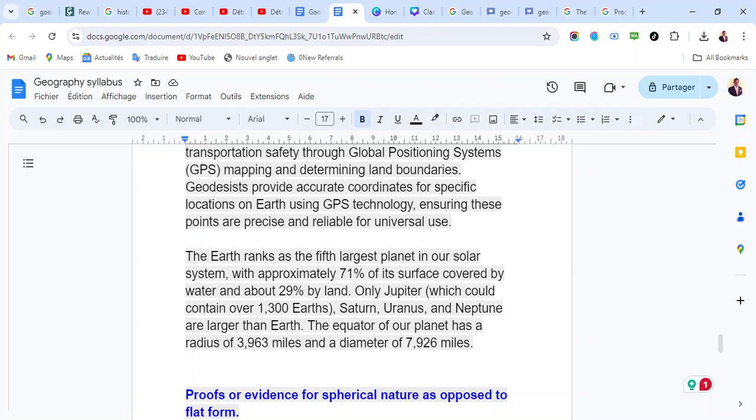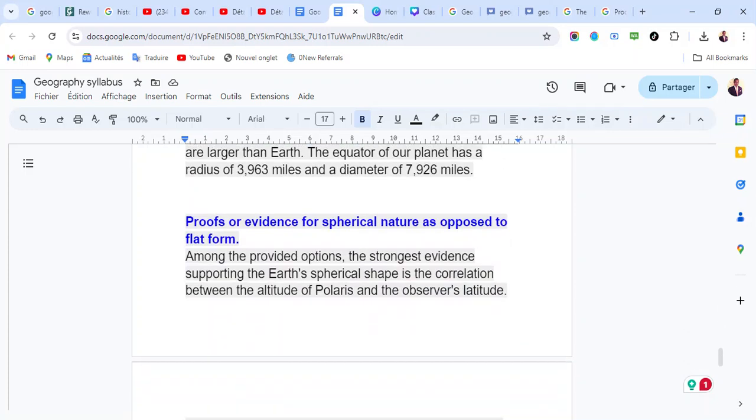The equator of our planet has a radius of 3,963 miles and a diameter of 7,926 miles. Very important questions will come for your exams about this 71% and 29%. Mark this, please: water is 71%, land is 29%.